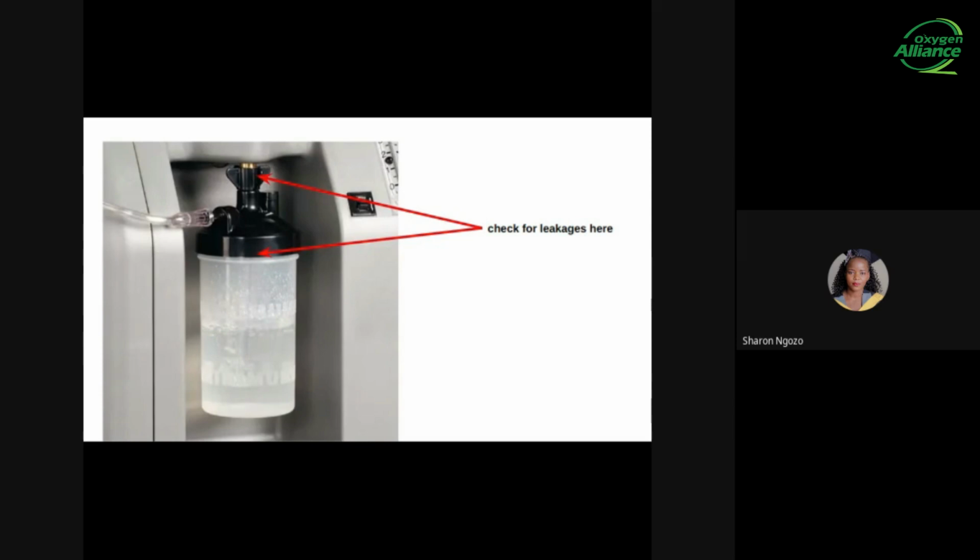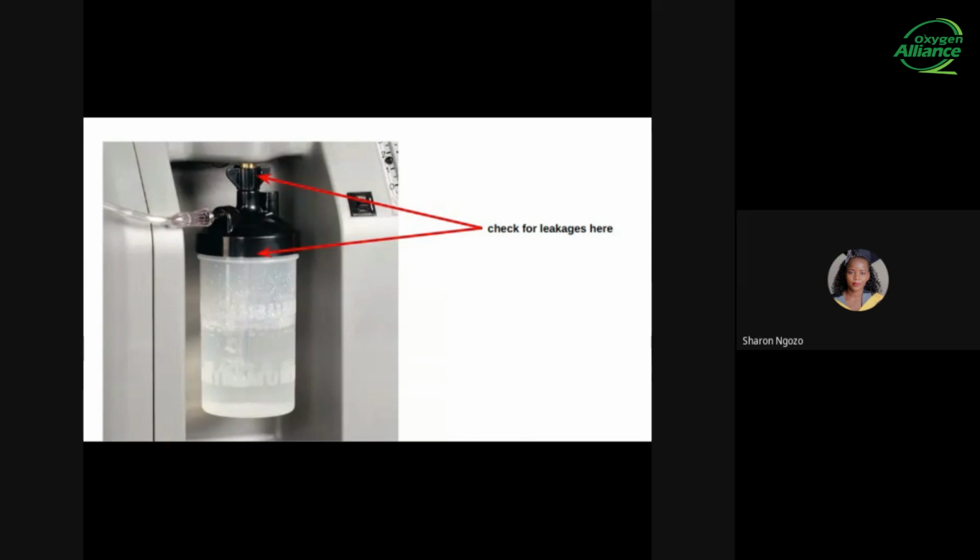So make sure that you have enough space for air circulation around your concentrator when it's on a patient. One thing to take note of is the concentrator's power cord. Make sure it is long enough to accommodate the space for air circulation. Don't use a short power cord, because sometimes the concentrator might end up close to the wall just because the power cord is short.